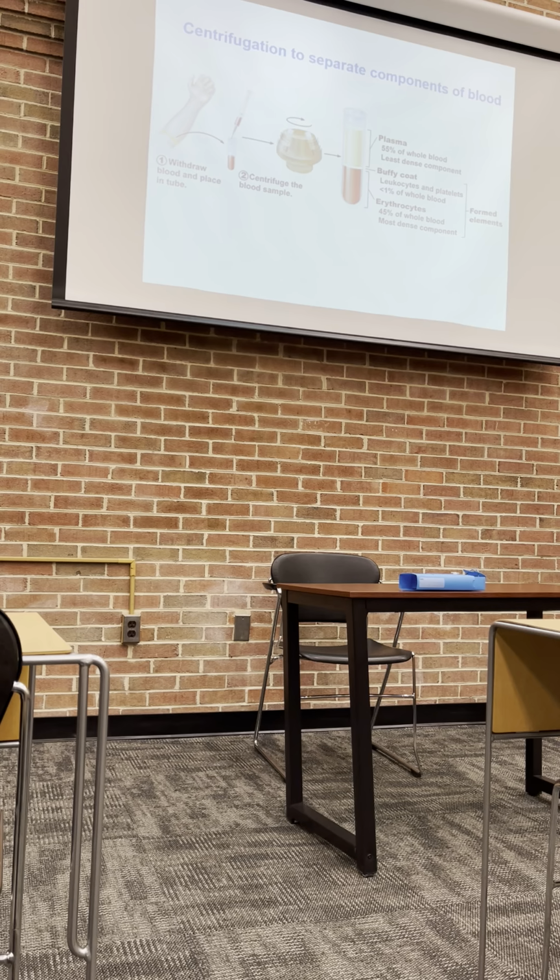The buffy coat is the middle, which is only about 1% or less of the blood. That's basically where you find the leukocytes and platelets, the white blood cells and platelets. And then the densest component are the erythrocytes, which can vary quite a bit in terms of percentage, but an average would be around 45. That's the most dense. We'll talk about that variation in a little bit.